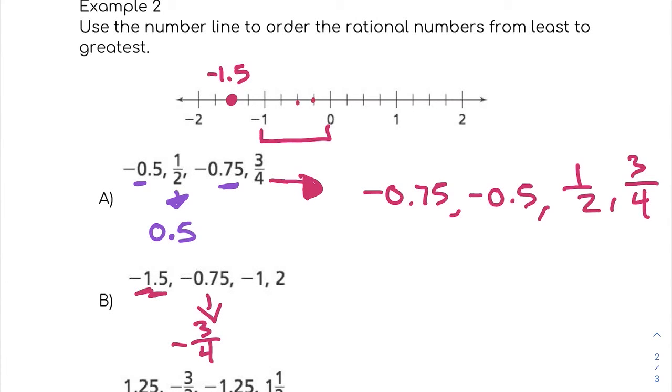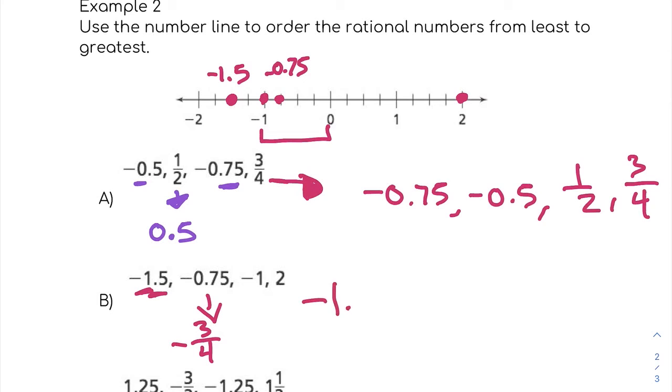So we have 1, 2, 3. So negative 0.75. Our next one is negative 1, which is right here. And I'm not going to rewrite that because it's already on the number line. And then positive 2, which is all the way at the end on the right side.